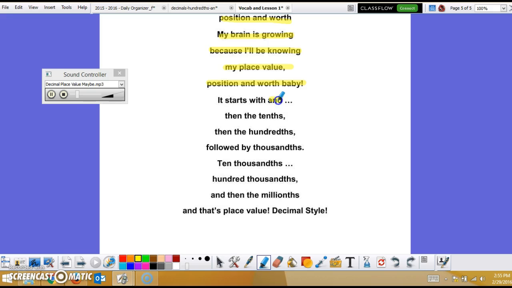It starts with "and," then the tens, then the hundreds, followed by thousands, 10,000s, 100,000s, and then the millions. And that's place value decimal style.